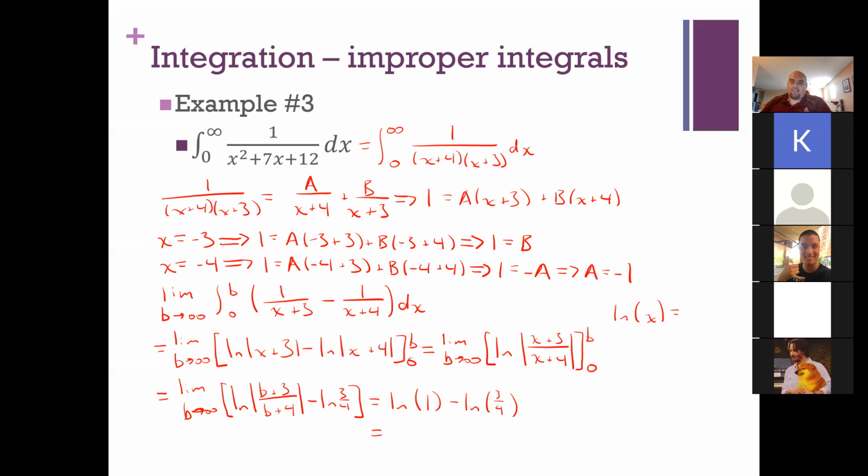So basically the natural log of x is equal to log base e of x. Basically, the natural log of x is, what power do I have to raise e to get x back? So what number do I have to raise e to get 1? 0.